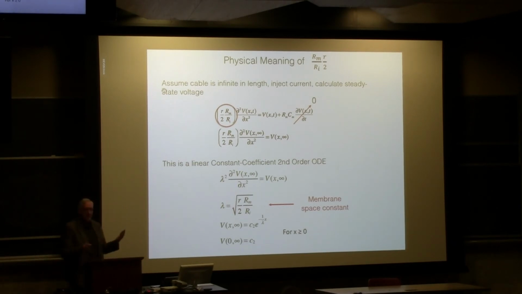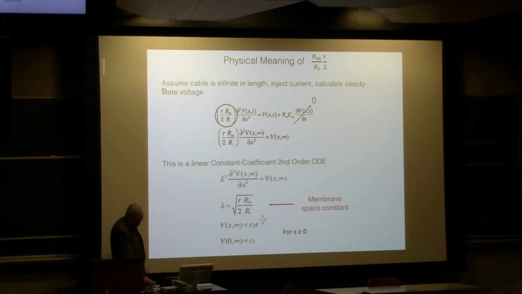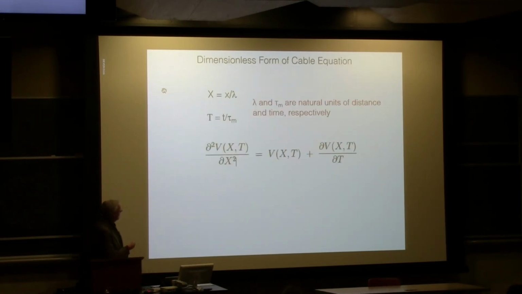And now it becomes a natural number, in which to express distance. So we'll now define a quantity electrotonic length. We already talked about time and normalizing time to be expressed in units of the membrane time constants. We're now going to express space in units of the space constant.